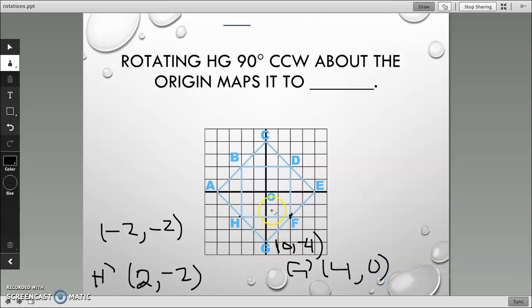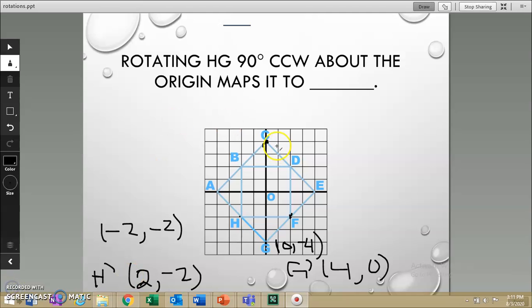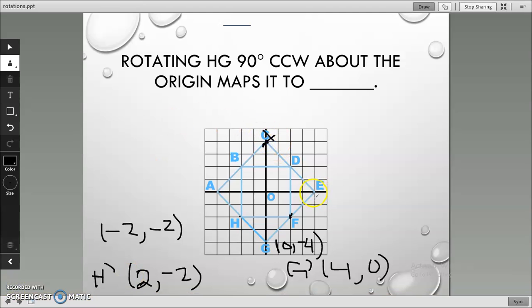Where's (4, 0)? 1, 2, 3, 4. Did I do that correctly? No, couldn't have. Let's see. 1, 2, 1, 2. Nope, sorry, rookie mistake, not there. (4, 0). I apologize. I am all the way out. Let's see if that's correct. All right, yep, looks like it. We are at FE, so it stops at FE.